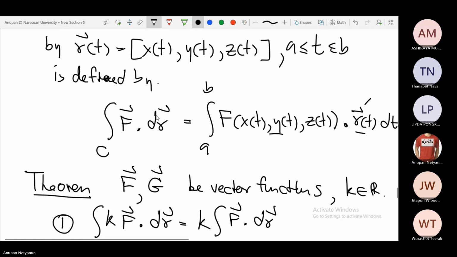So they ask you to find this, but we might want to change from the left-hand side to the right-hand side for calculation. Okay.